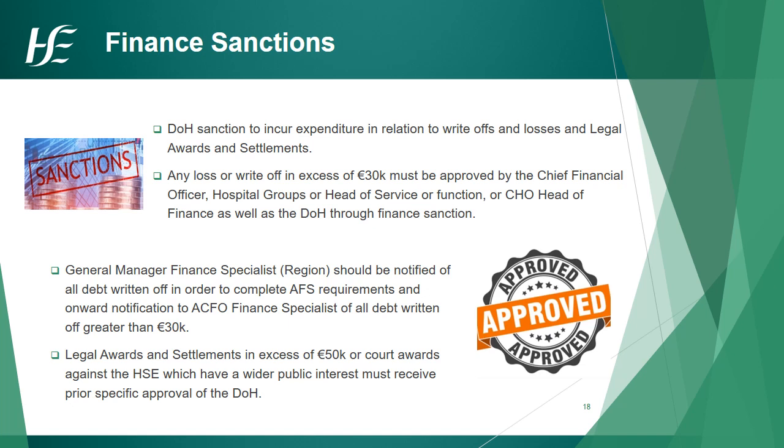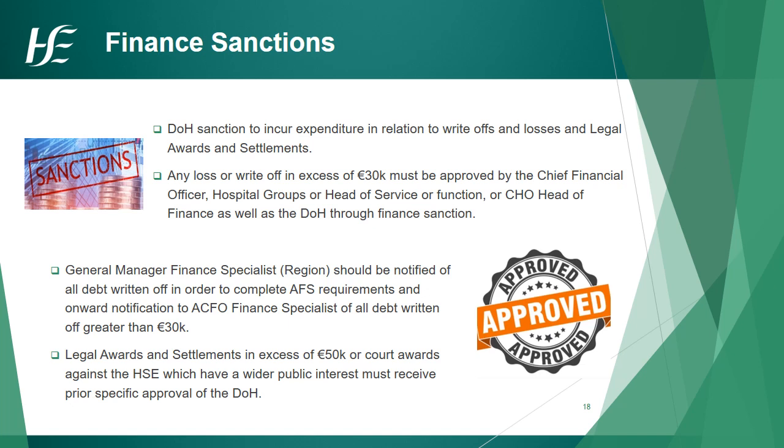Any loss or write-off in excess of $30,000 must be approved by the Chief Financial Officer, hospital groups, or Head of Service or Function, or CHO Head of Finance, as well as the Department of Health through finance sanction. Your Regional General Manager Financial Specialist should be notified of all debts written off in excess of $30,000 in order to complete the annual financial statement reporting and sanction process requirements, and for onward notification to the Assistant Chief Financial Officer Financial Specialist.